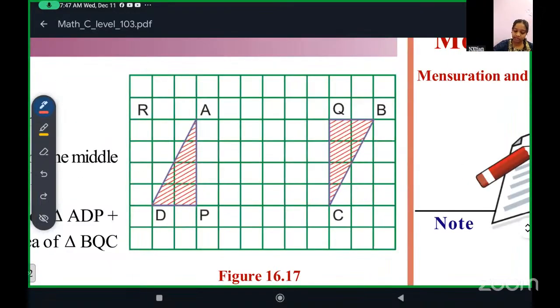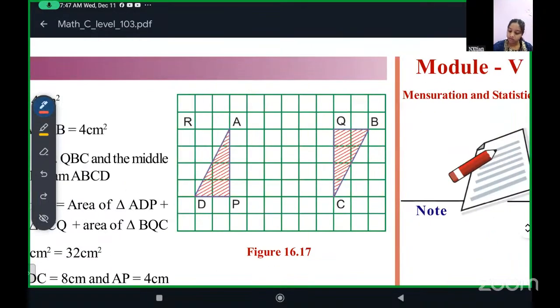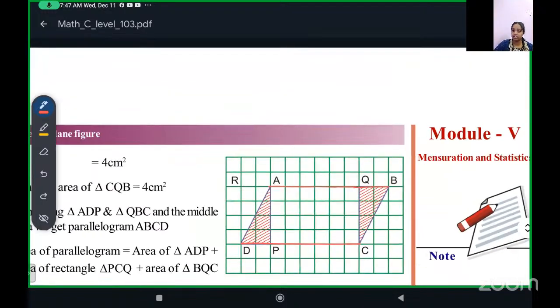If I join this line and this line, can you now see the parallelogram? Yes. So this is the parallelogram that we have in this question.